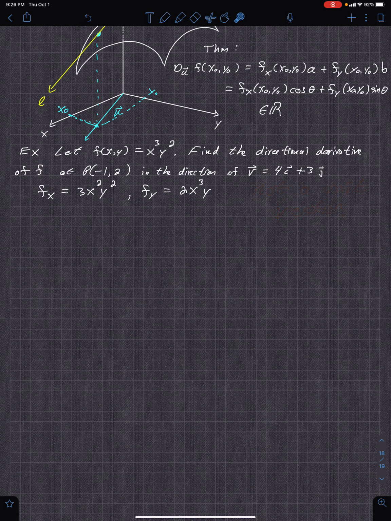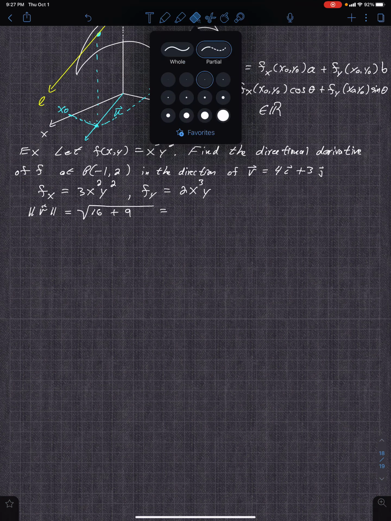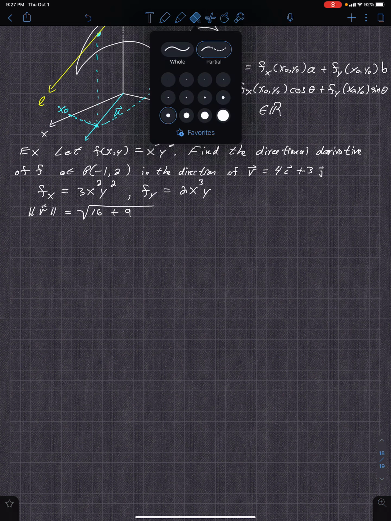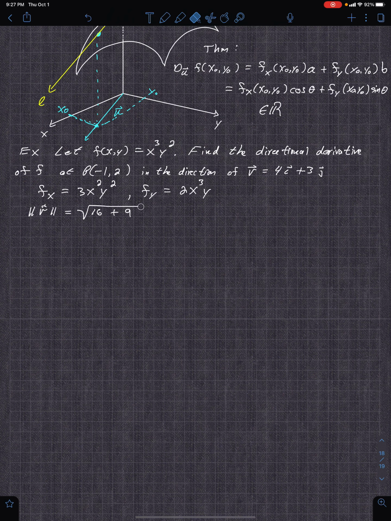So let's do the magnitude of v, because we're going to need that to divide. The magnitude of v is the square root of 16 plus 9, which is the square root of 25, which is 5.